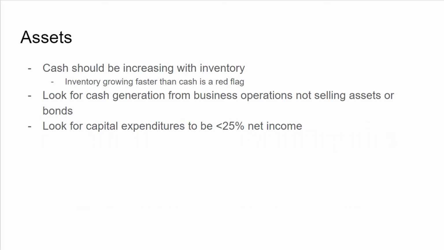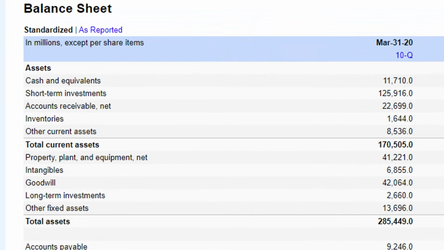We also want to look at cash generation from business operations, not selling assets or bonds. So if you remember from the balance sheet, we got cash and equivalents up here at the top. If a company issues bonds or finances with more debt, let's say they offered $100 million worth of 10-year bonds, well, cash is going to go up by $100 million.